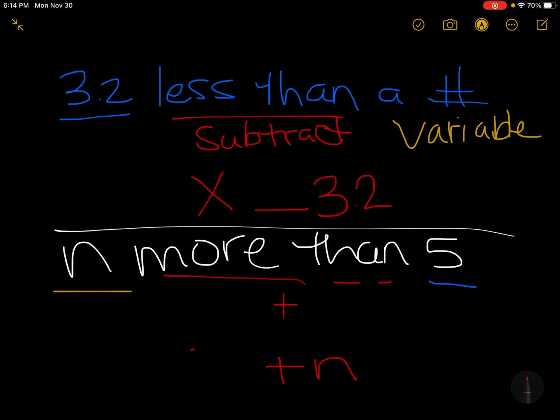N more than. So if we put a number in this phrase instead of n, just to get an idea of what it sounded like, it would be something like 1 more than 5, 2 more than 5, 0 more than 5.